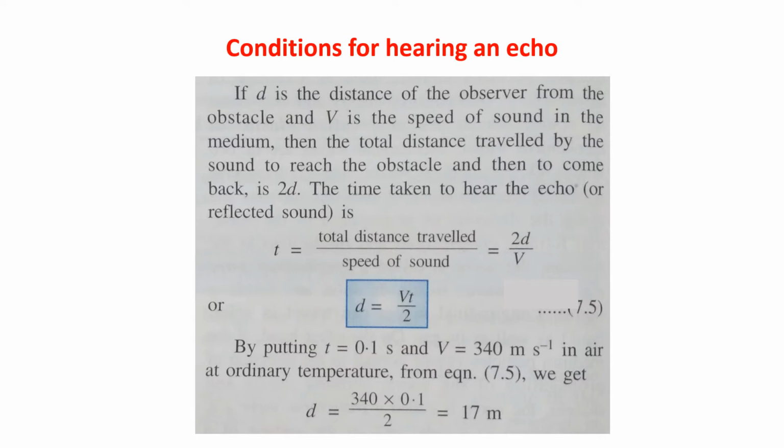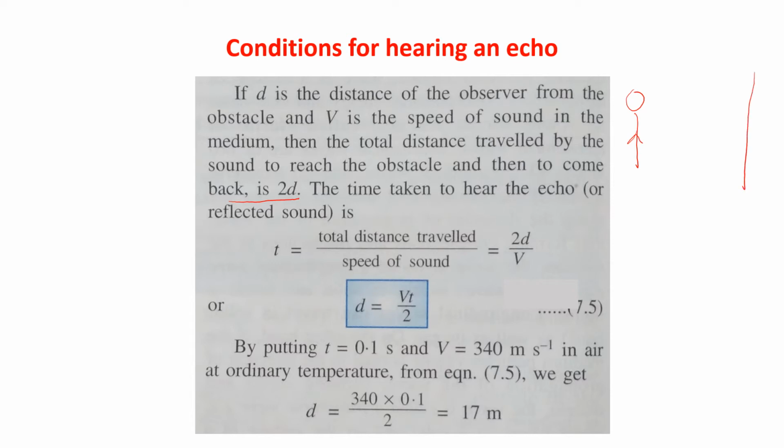If d is the distance of the observer from the obstacle and v is the speed of sound in the medium, then the total distance traveled by the sound to reach the obstacle and then to come back is 2d. Actually, suppose a person is standing here and this is the obstacle.